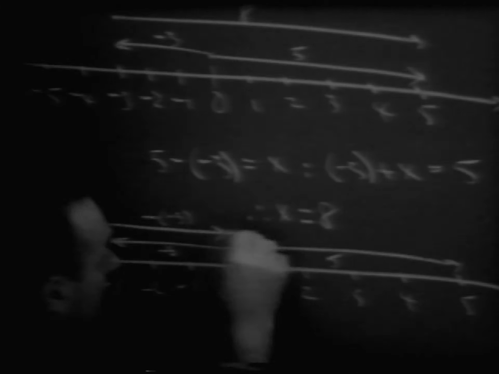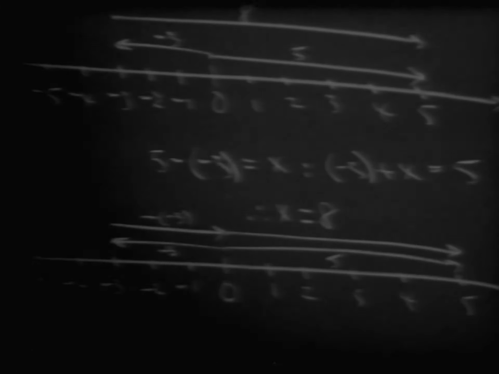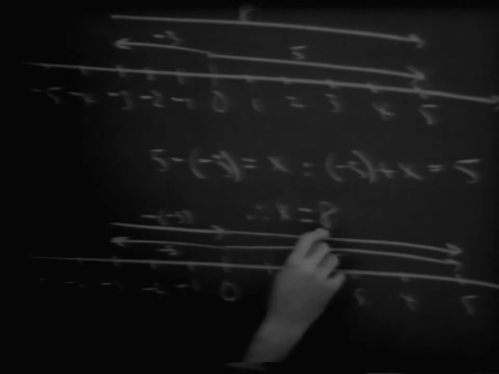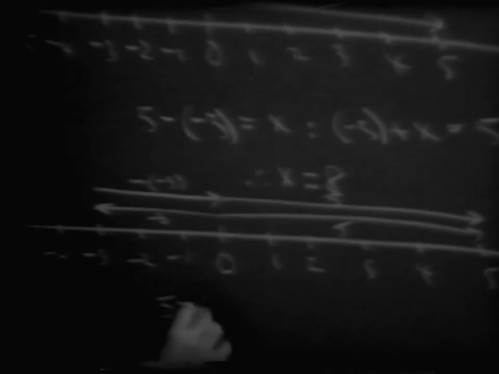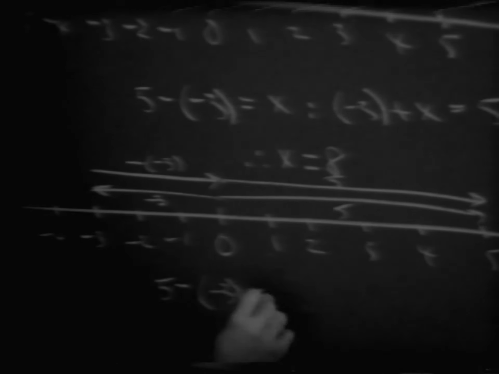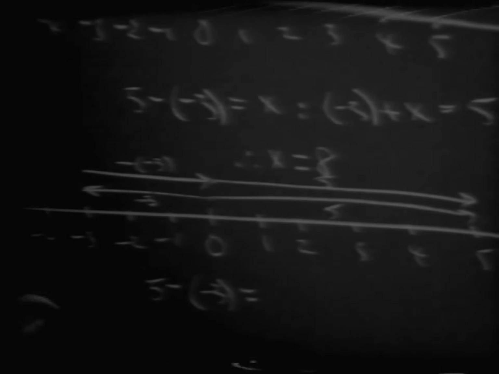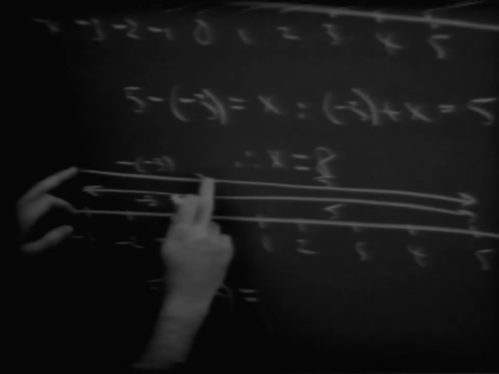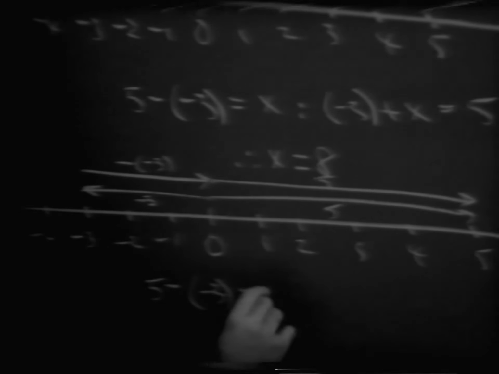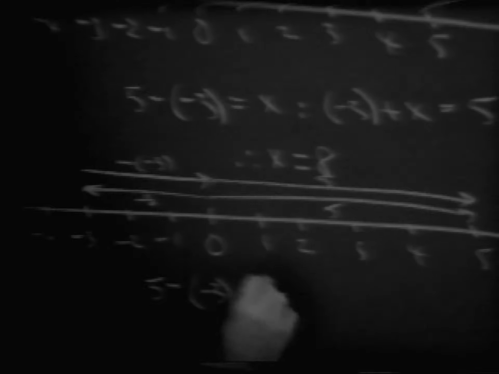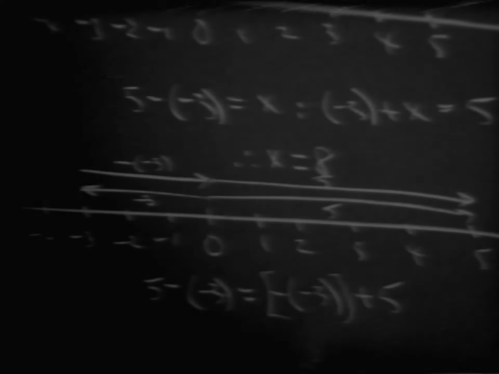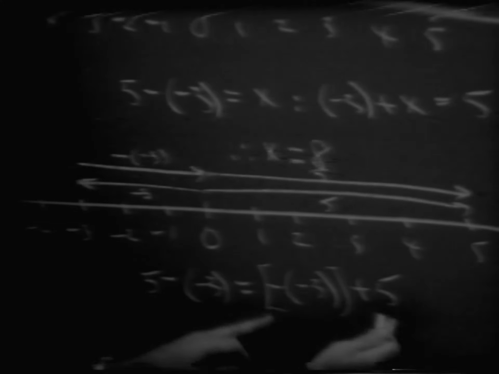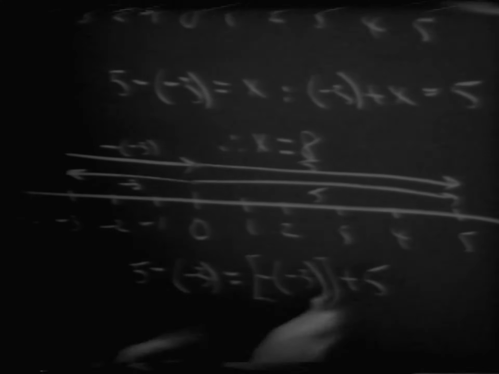And then from here up to there is of length 5, okay? So let's write down here 5 minus a negative 3 is equal to, now let's write it as the opposite of negative 3 plus 5, okay? And as a matter of fact, we have commutativity here, don't we?